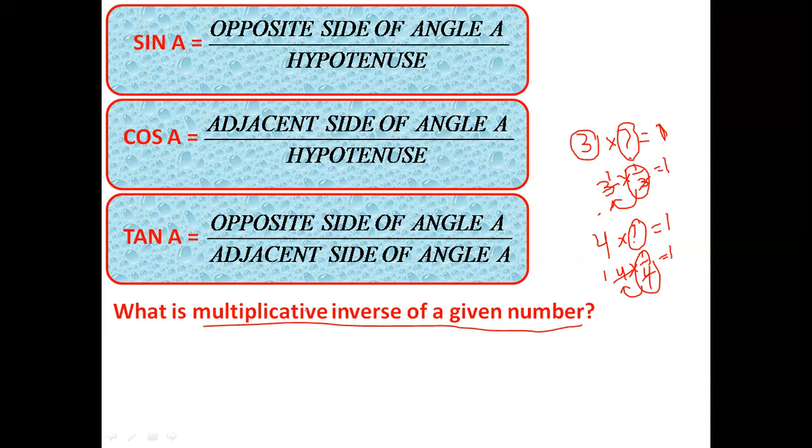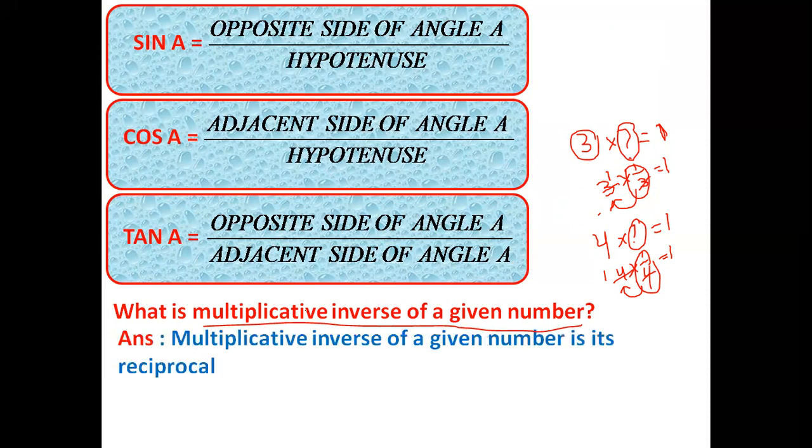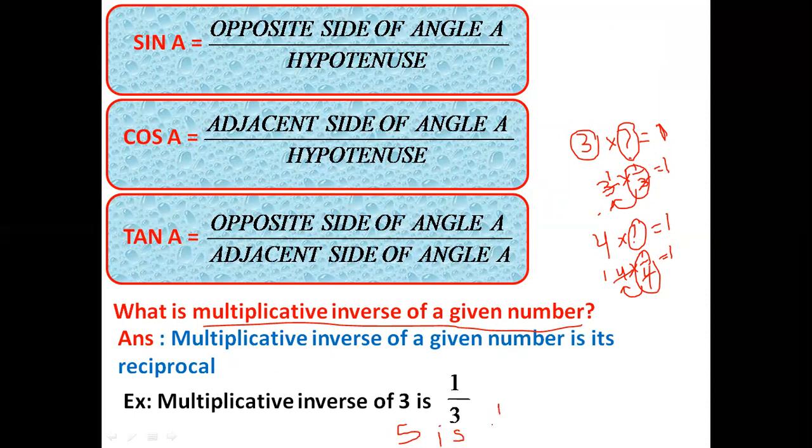So the multiplicative inverse of a given number is its reciprocal only. For example, the multiplicative inverse of 3 is 1 by 3. Multiplicative inverse of 5 is 1 by 5.